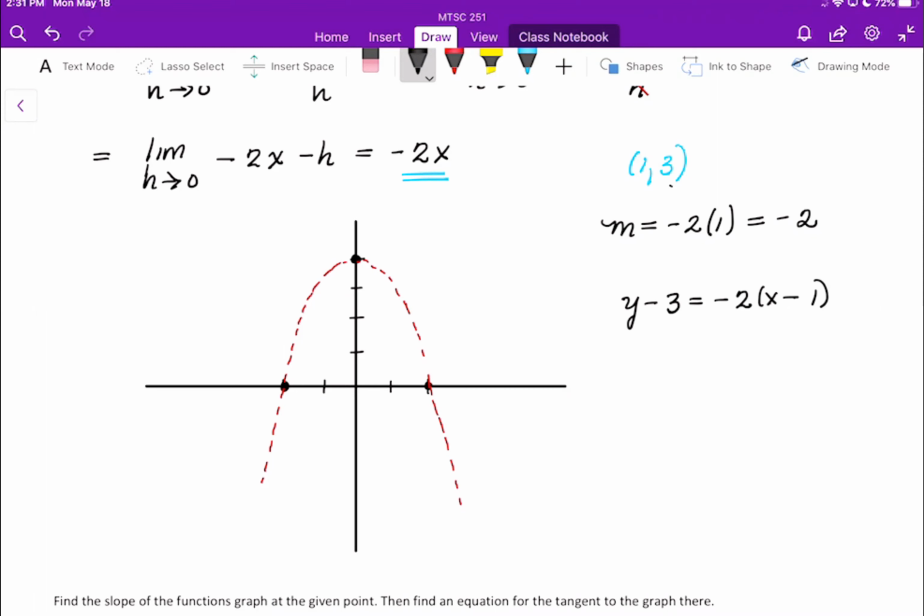So at the point 1, 3, which is roughly right here, we can draw our tangent line, as such.